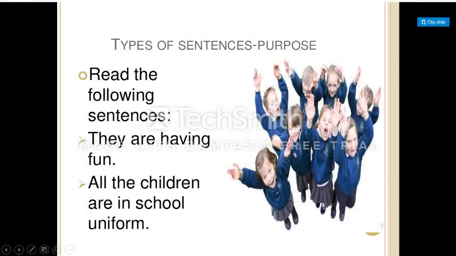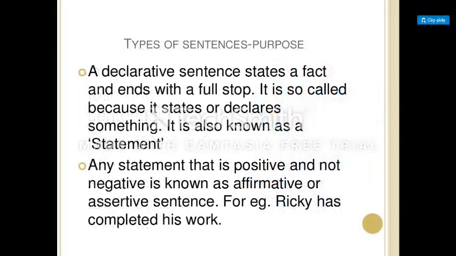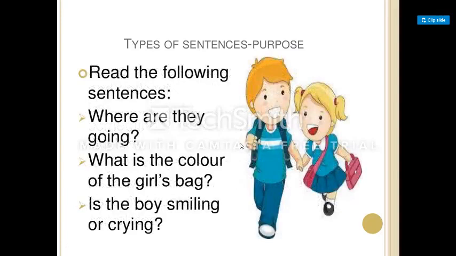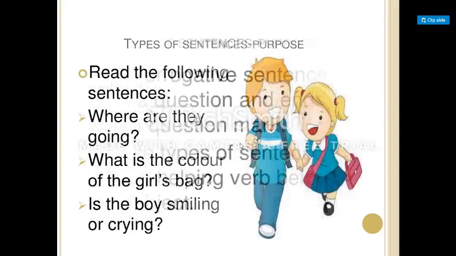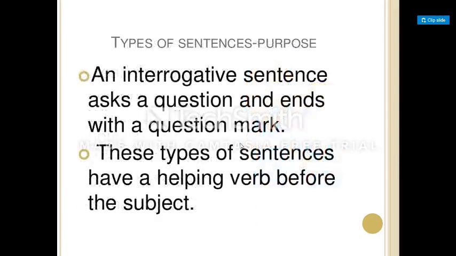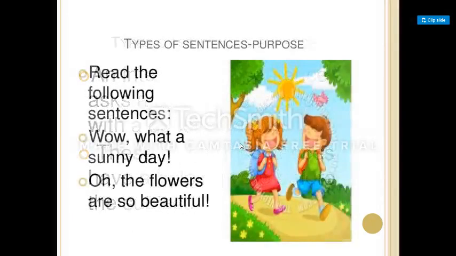According to purpose, we talked about four different types, like declarative or assertive sentences, statements you can say, with examples. Next we talked about interrogative sentences, and I also talked about the types of interrogatives, the polar and the WH.